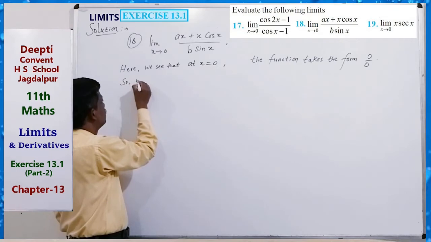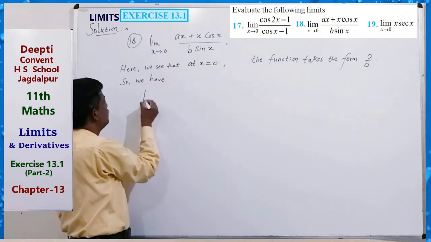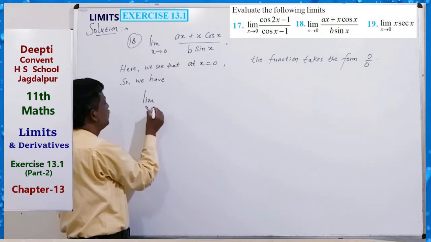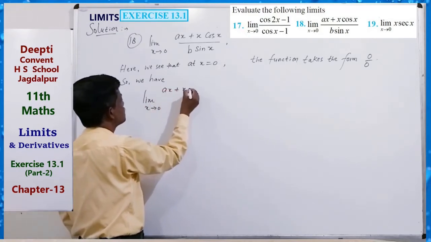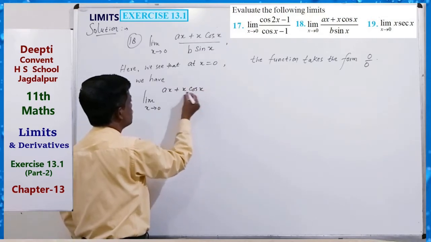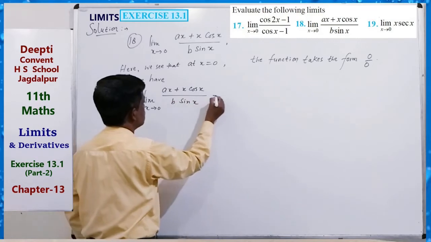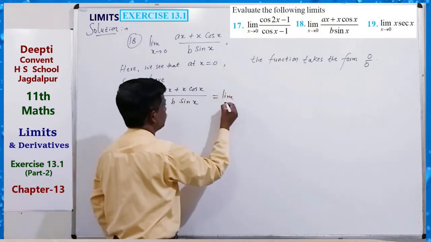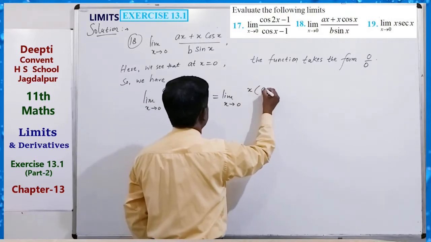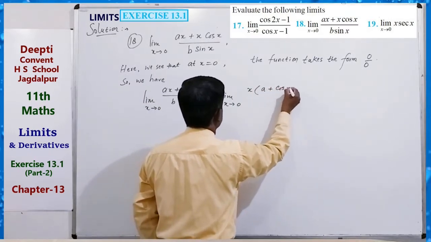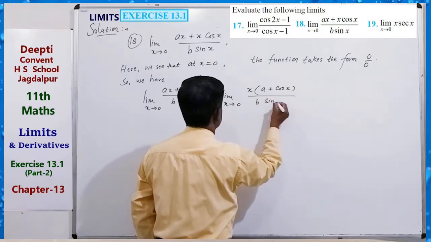So we have limit x tending to 0, ax plus x cos x upon b sin x is equals to limit, take x common, and a plus cos x upon b sin x.